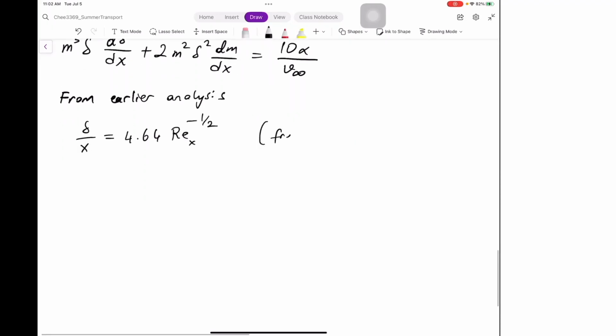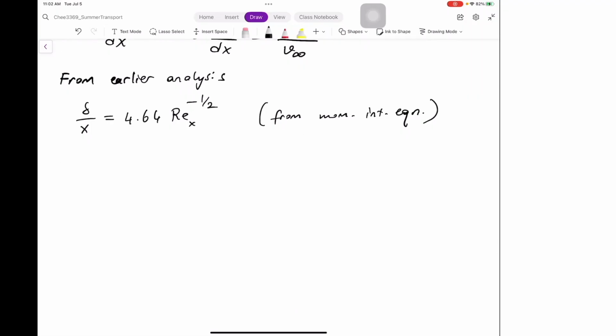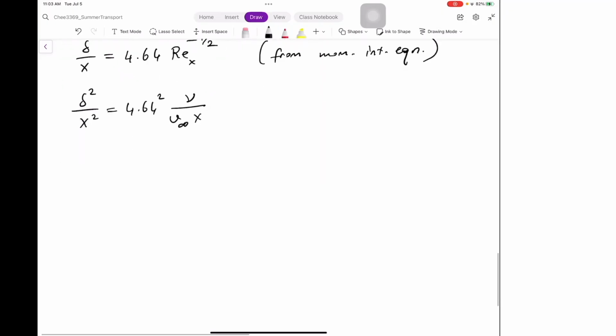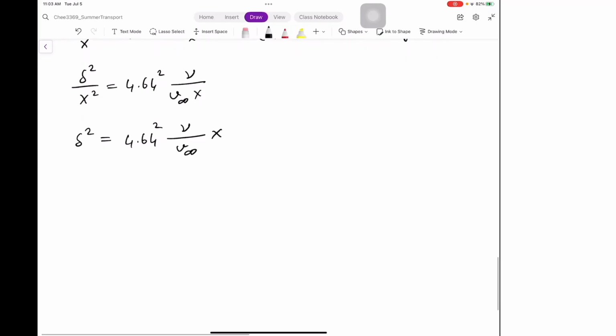So this is from the momentum integral equation, our earlier results. So this also meant the following: delta squared over x squared is equal to 4.64 squared nu over V infinity x, right? And the delta squared was 4.64 squared times nu over V infinity times x. It was a linear function, the delta squared.